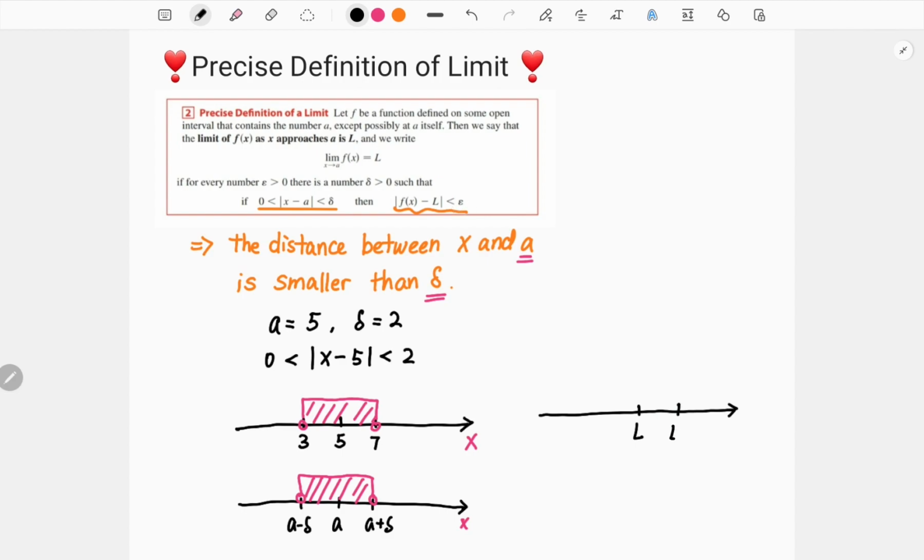Then this would be L plus epsilon. This would be L minus epsilon. And then your f of x value needs to be in between them. Because only if your f of x is in between them, then you can satisfy this equation here.